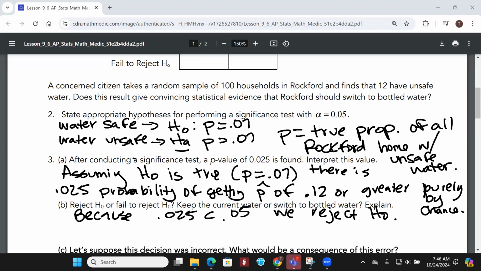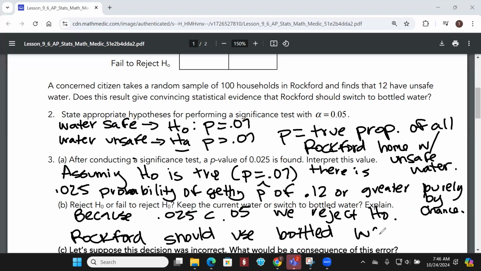Why'd you say yes? So we rejected the null, okay? Since 0.025 is less than 0.05, that gives us evidence of that.